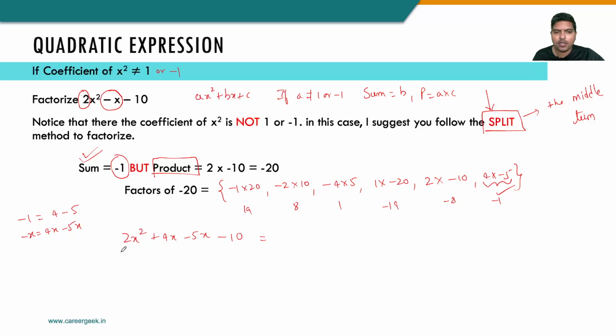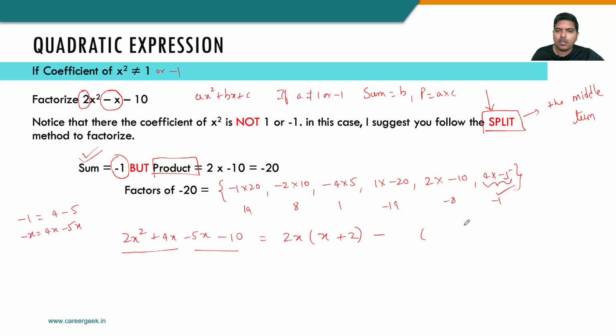Now you will factorize. How will you factorize? You will take everything that is common in the first two terms and in the second two terms. So what is common in the first two terms? X is common and 2 is also common. So I'll take 2x. If I take 2x, what is remaining over here? X is remaining, and x is gone in 4x and 2 is gone in 4, so 2 is remaining.